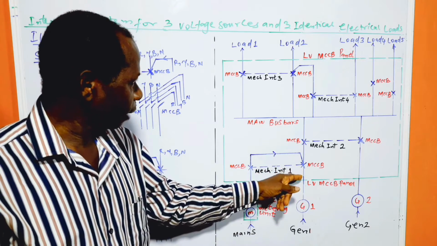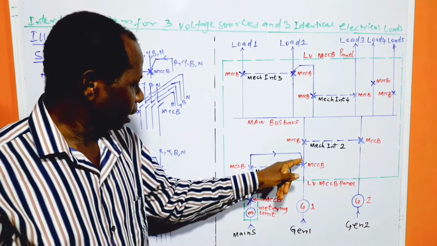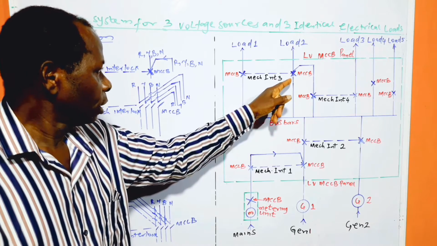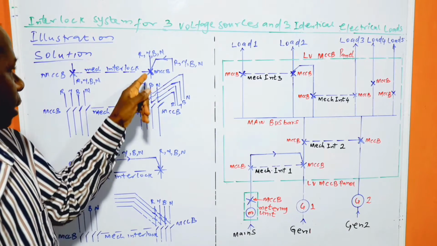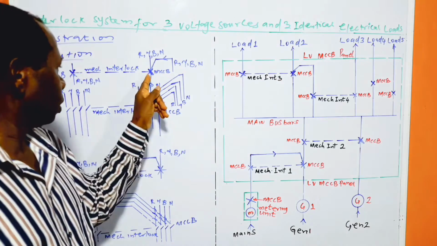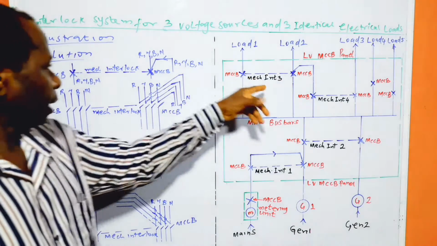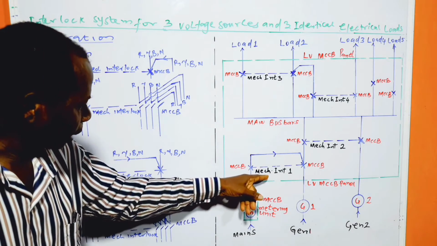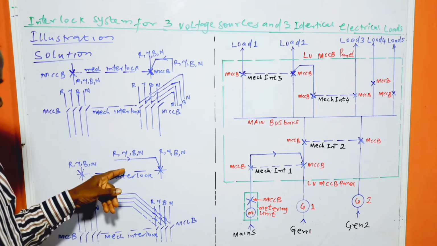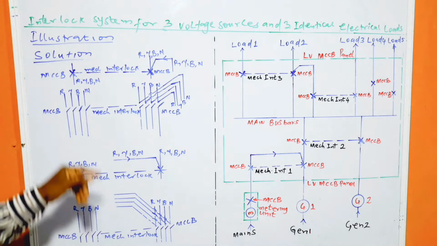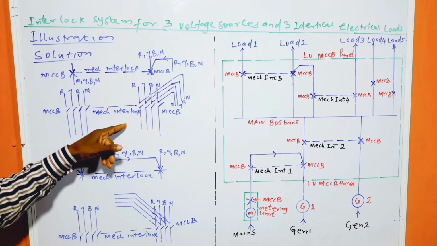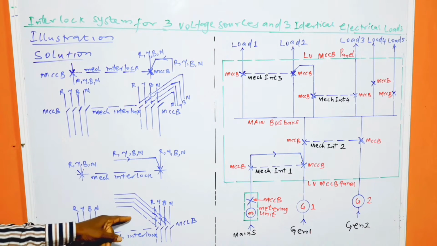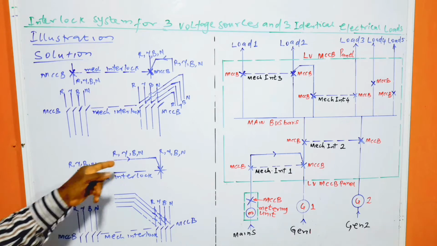This is the lower side of the circuit breaker, and this is the upper side. Now, this MCCB is what I've brought out here. This one is this, and the entire interlock itself, interlock 3, is this one, while mechanical interlock 1 is this one. This is the 4-line representation of this, and this is the 4-line representation of this one.